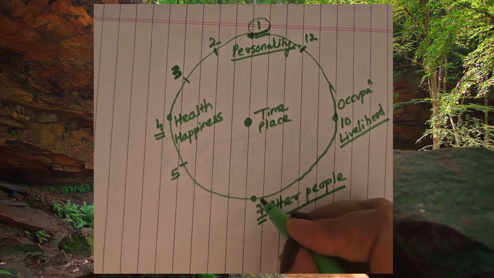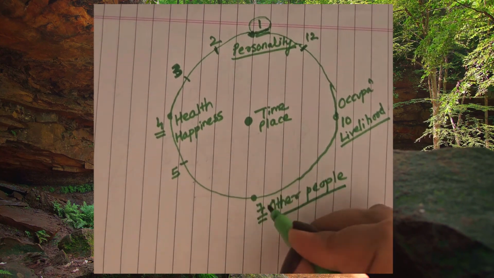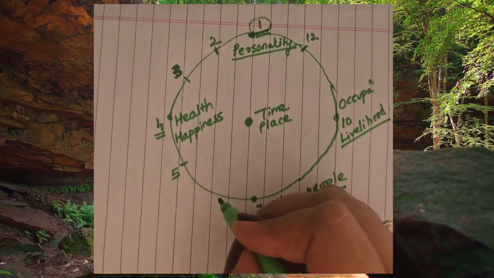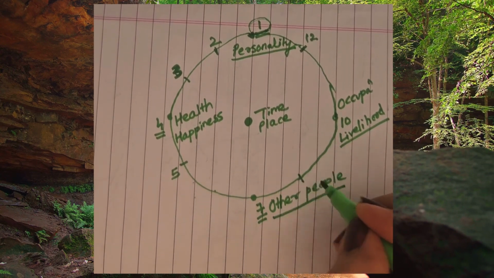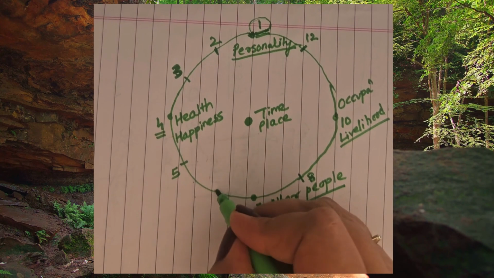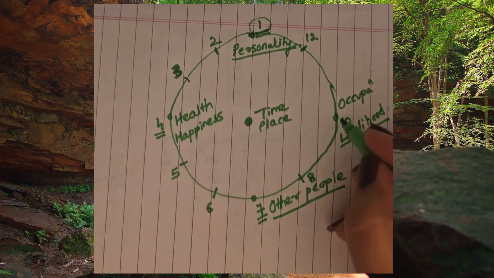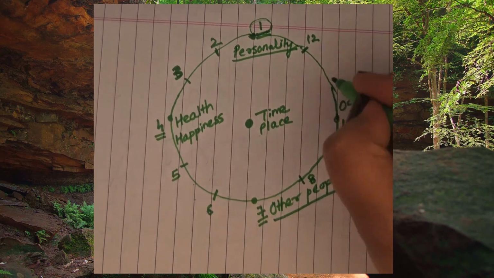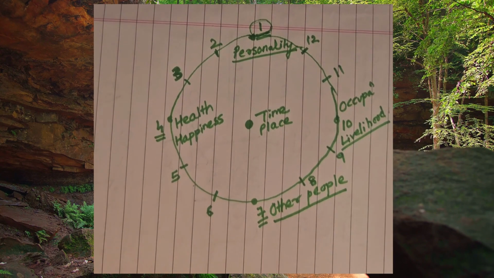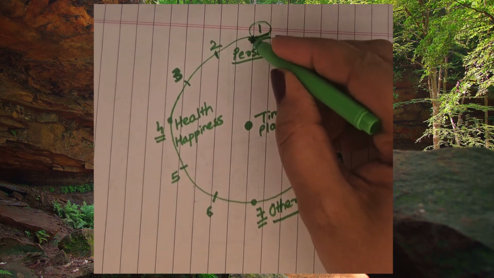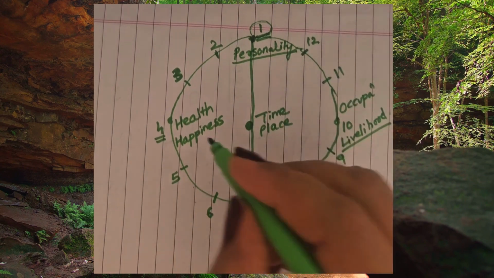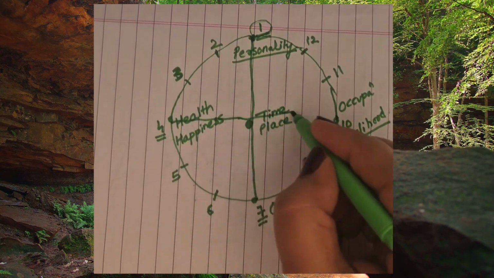Same way for number 7 or the third pillar, the gain associated is the 8th house and the loss associated is the 6th house. Same way for 10, 9 and 11. This way the entire zodiac is divided into 12 parts.